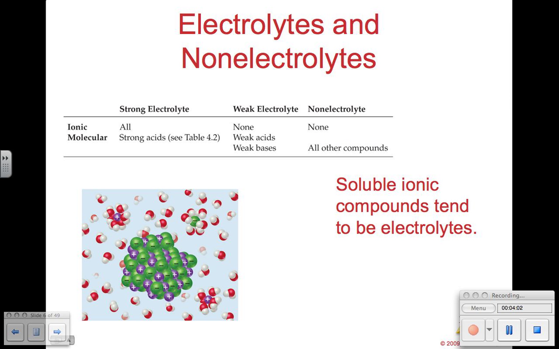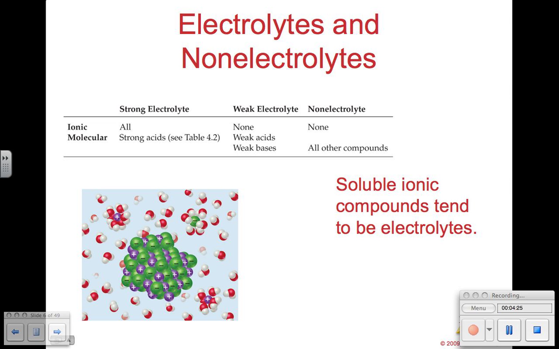Anyway, okay, so electrolytes, non-electrolytes, weak versus strong. All ionic compounds are strong electrolytes because they dissociate. You get positive and negative ions, so they're going to be electrolytes. And when it comes to molecular compounds, you've got a variety.